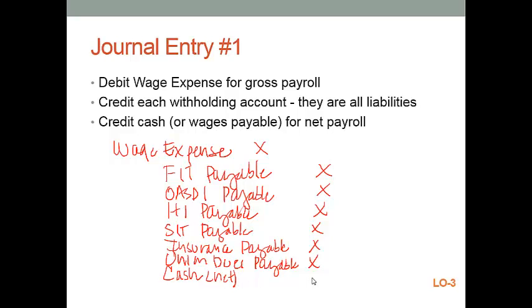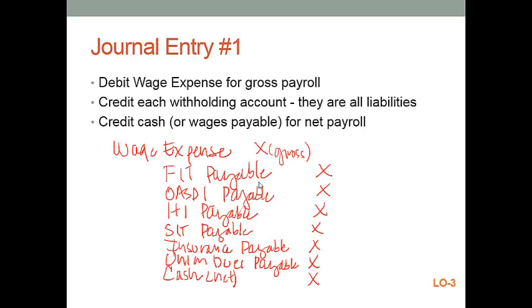Cash is credited because the company's cash is decreasing as it pays the wages, and the cash is the amount the checks are being written for. Notice that the wage expense up here is gross pay, and here it is net pay.